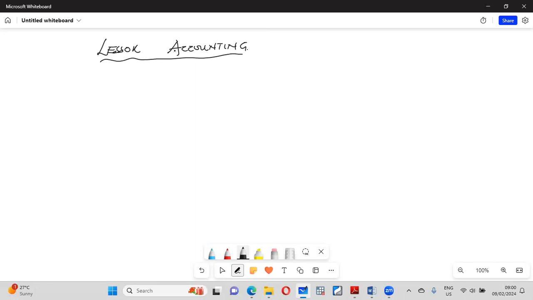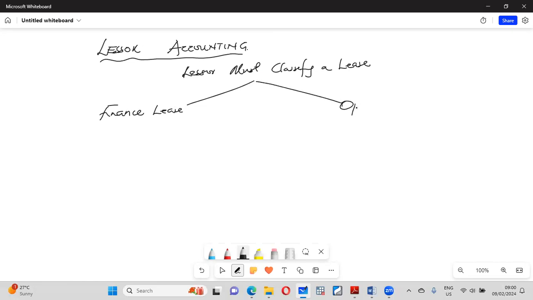So the lessor, according to IFRS 16, must classify its lease into finance lease or operating lease. So that is what IFRS 16 tells the lessor to do.